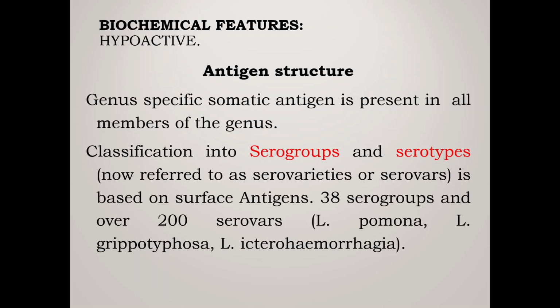Classification into serogroups and serovars is based on surface antigens. 38 serogroups and over 100 serovars. Leptospira pomona, Leptospira grippotyphosa, and Leptospira icterohaemorrhagiae, etc., we know.